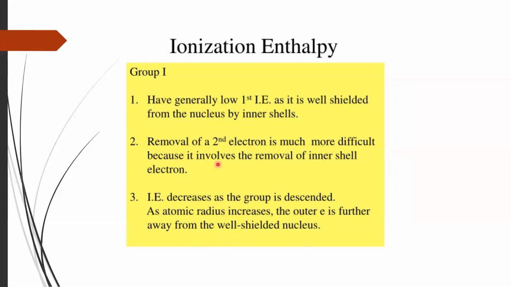Third point, ionization enthalpy decreases as the group is descended. That means as we move down the group, ionization energy decreases with increase in atomic size and atomic number. This is due to the atomic radius increasing and the outer electron being farther away from the well-shielded nucleus.